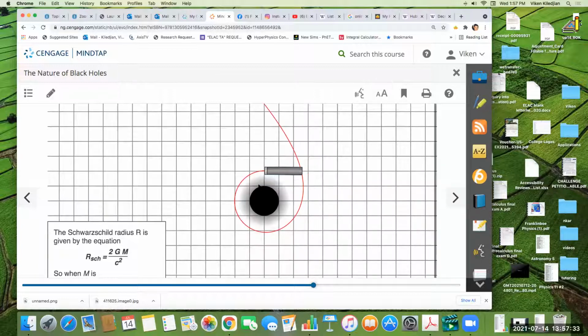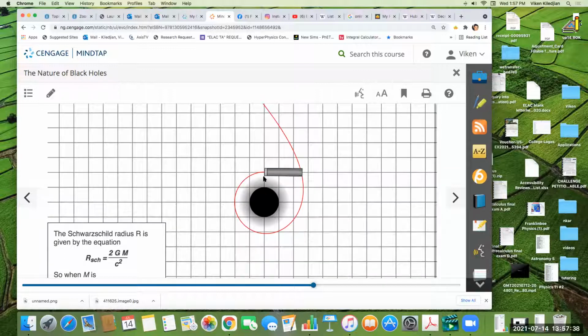Okay, so you should be able to show that whatever distance this is, you see from here to here, whatever distance that is, that's the Schwarzschild radius.